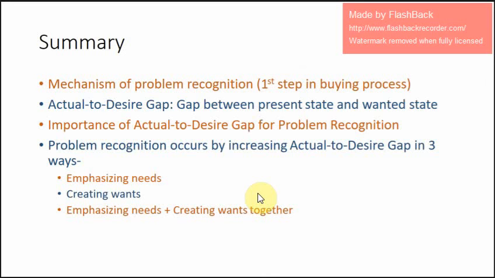We have also learned the importance of the actual to desired gap for problem recognition, and we have learned three ways how problem recognition occurs by increasing the actual to desired gap. These three ways are: one is by emphasizing needs, second is by creating wants, and third is by emphasizing needs and creating wants together.